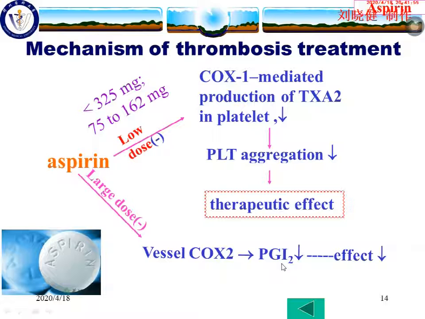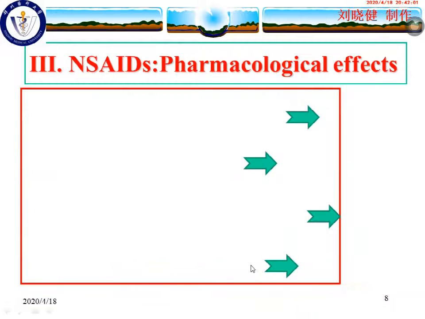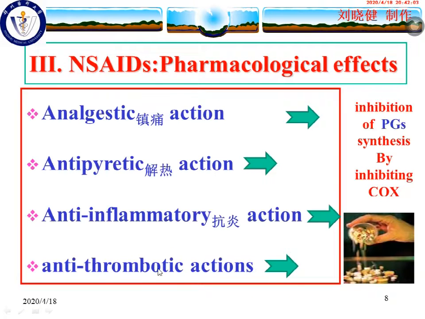Are you clear? That's why the anti-thrombotic effect of aspirin is used only at low dose. These shared therapeutic effects of nonsteroidal anti-inflammatory drugs are based on inhibition of prostaglandin synthesis by inhibiting COX.